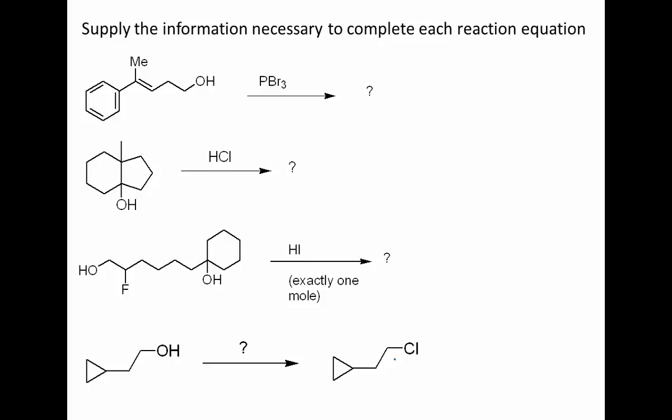Okay, so what's going to happen here? Again, you should do this one, stop, pause it, and then see how your answers compare. All right, this first one, the OH group is going to just be replaced with Br. That's what we get. And the second one is a tertiary alcohol, HCl.